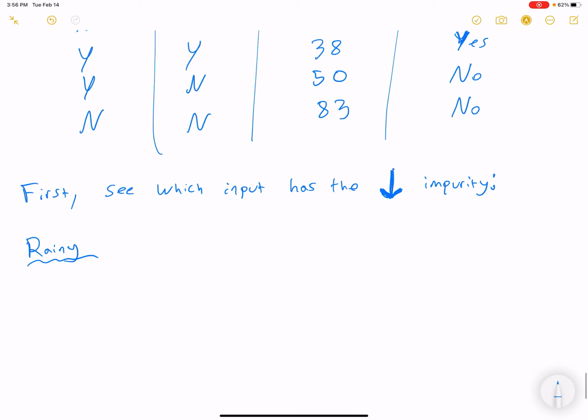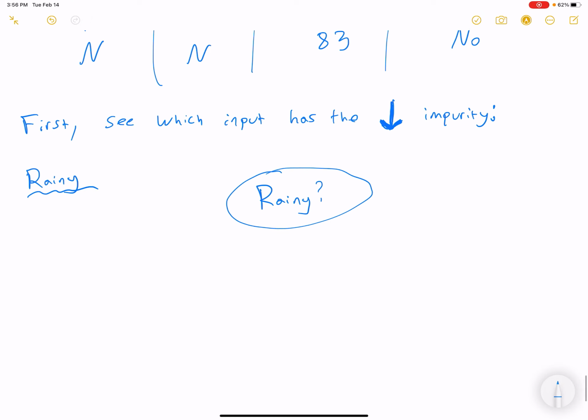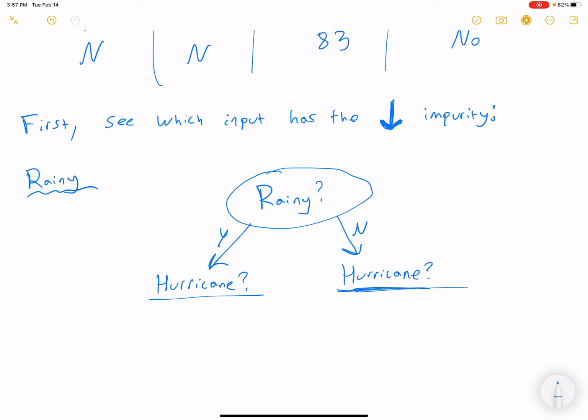So if we split our data by rainy, so we're basically saying, let's say that we did choose rainy as our first variable that we're splitting on. What would happen? What would be our impurity if we had done that? So we want to look at the value that we're predicting, hurricane, given that it is rainy and given that it's not rainy.